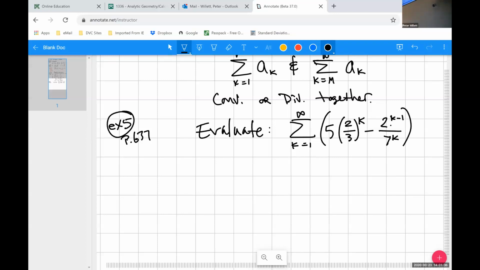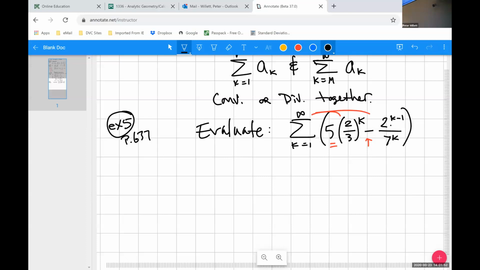So for example, I can see there's like a constant multiple in here, and that I'd like to pull out. And then I also have like a difference here, and I'd like to sort of distribute the summation across the difference as well.